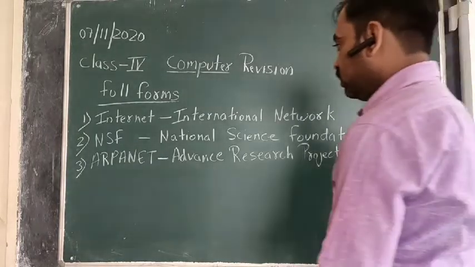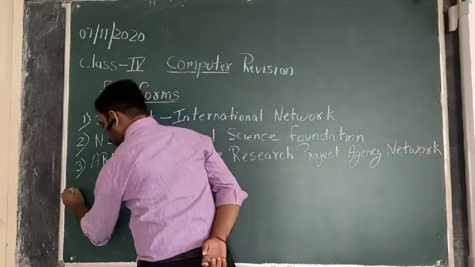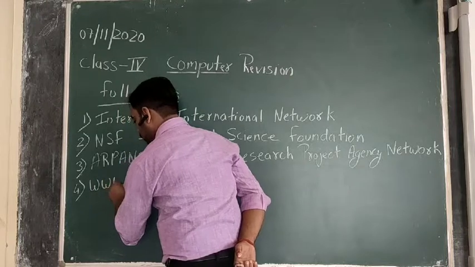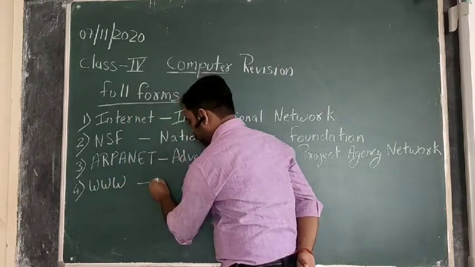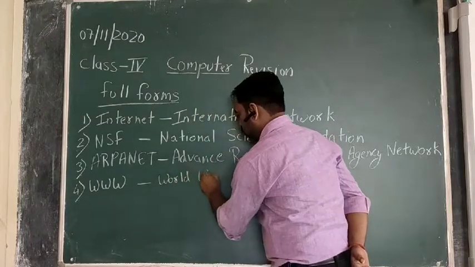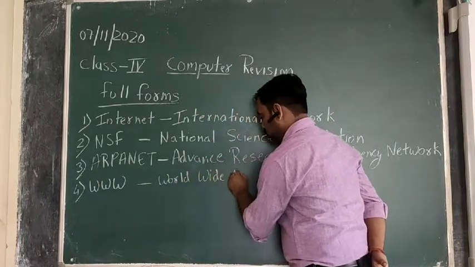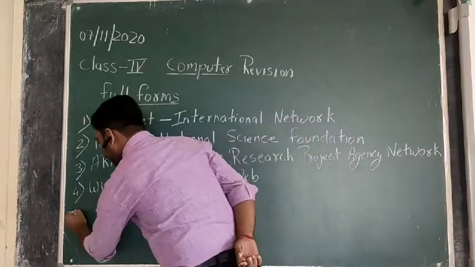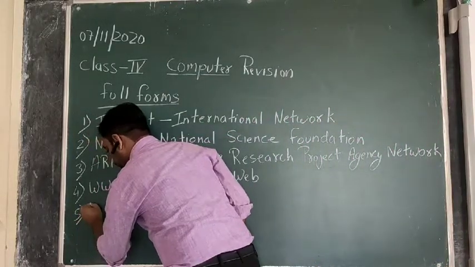Then the fourth one is World Wide Web, WWW. This stands for World Wide Web. Okay. Fifth one, ISP.